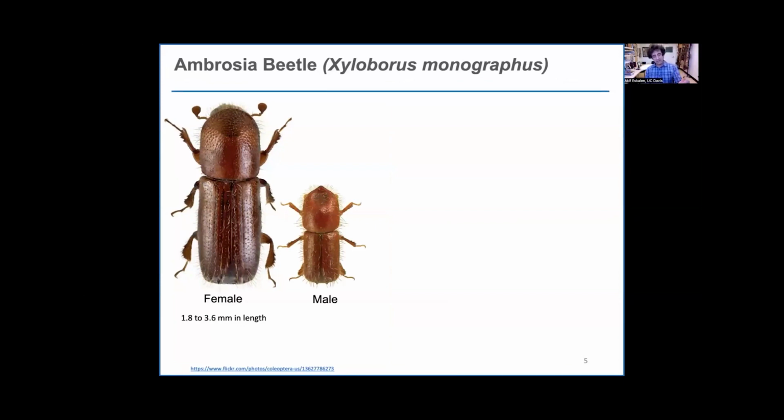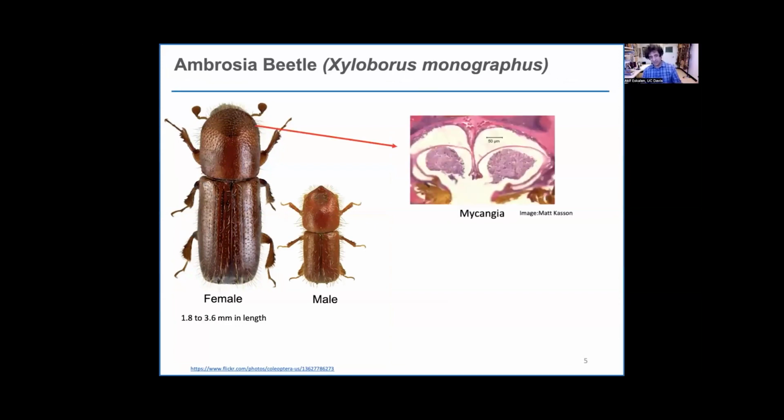The female is the one that has the special mycangial structure, where she can carry the spores and also make the galleries, infesting those galleries with the fungal species from her mouth and having them grow in the galleries. Her larvae or offspring start feeding on these fungal spores or mycelium, and then they move on.